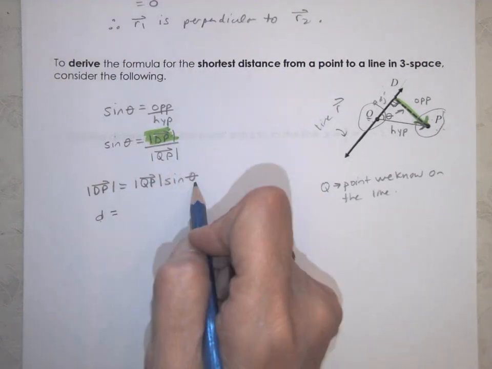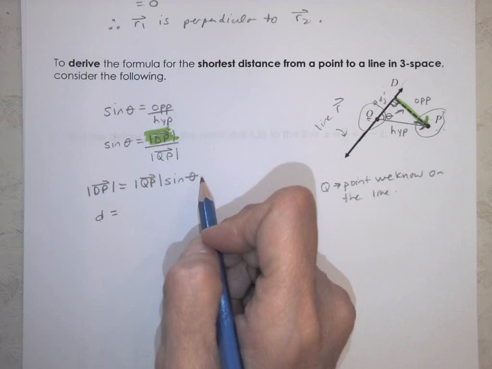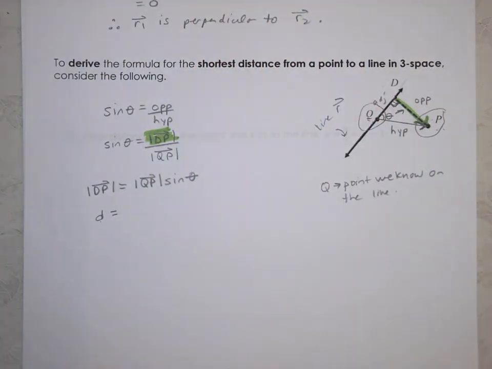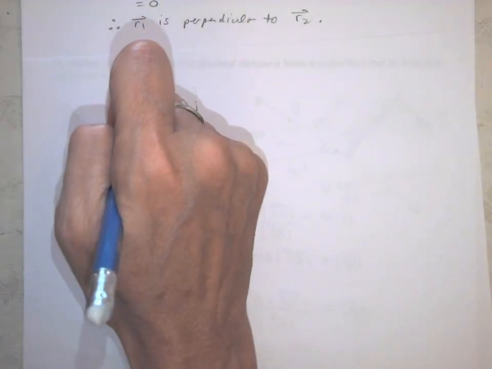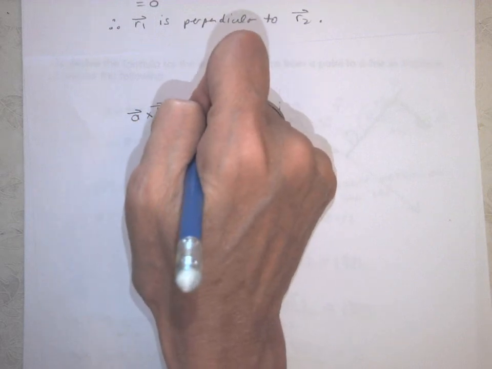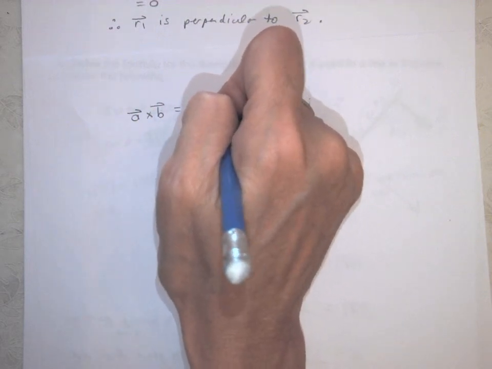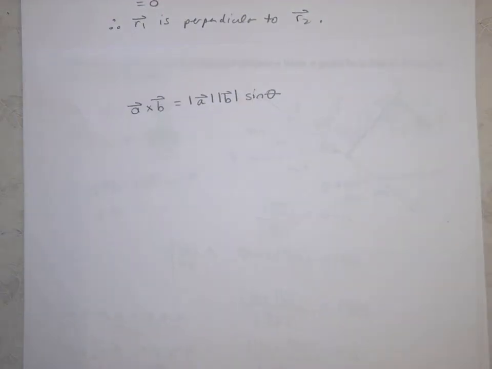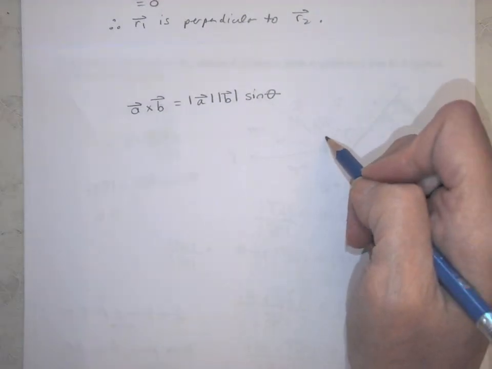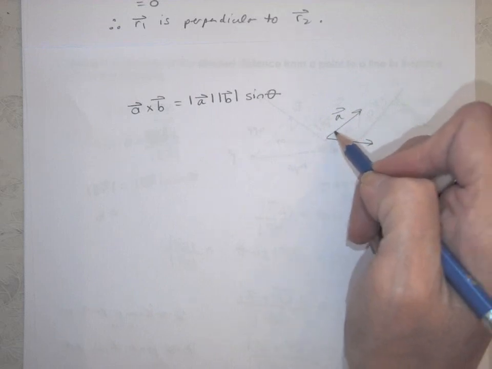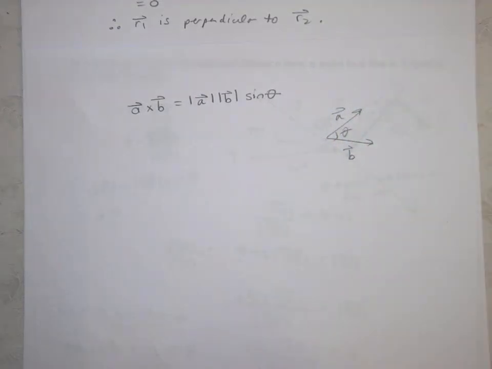Now, we know the magnitude of the cross product of two vectors. I'm just going to get a piece of paper here. If we want the magnitude of vector A cross B, that's the magnitude of vector A times the magnitude of vector B times the sine of the angle between them when they're tail to tail. Say I have a vector A and a vector B meeting tail to tail with an angle theta between them.